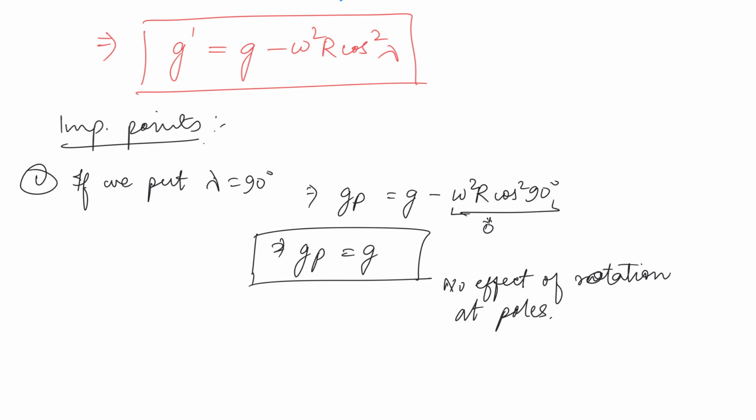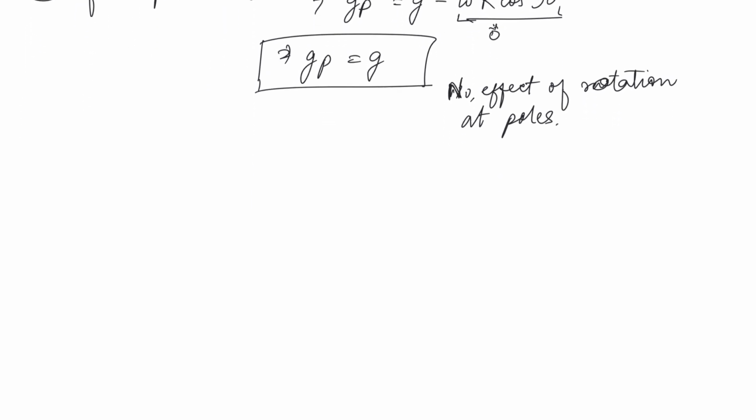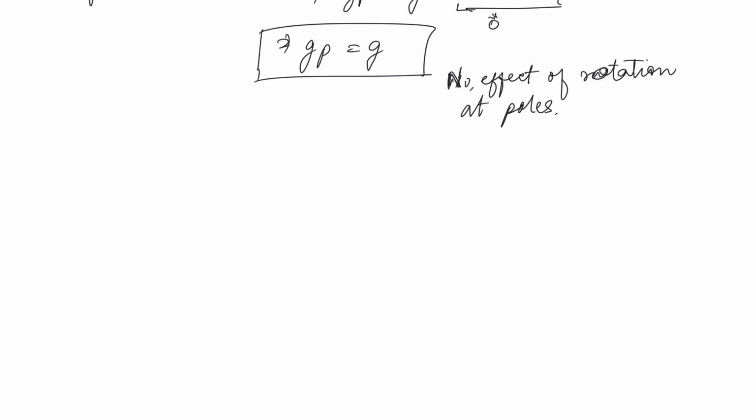You can also experience this in the playground. Whenever we play on a merry-go-round, which rotates like this, we always fear standing here. If you want to save yourself, you should hold the center part.